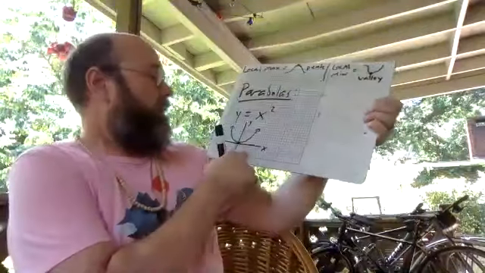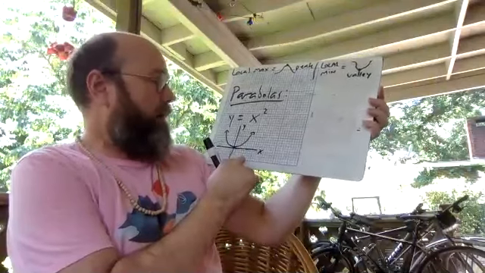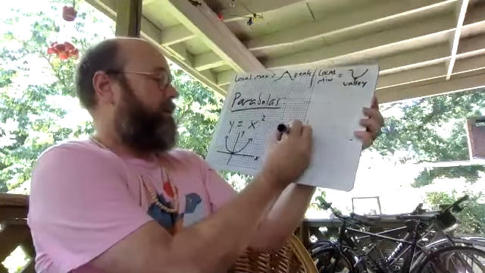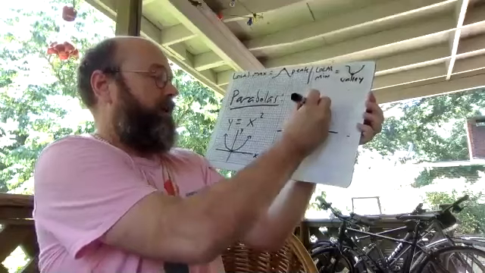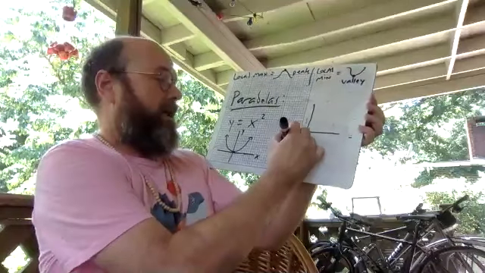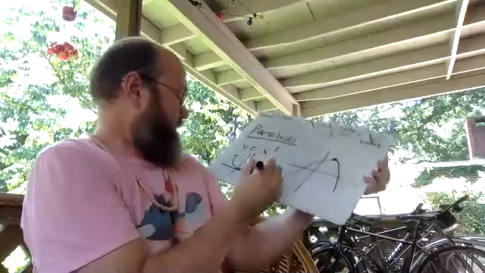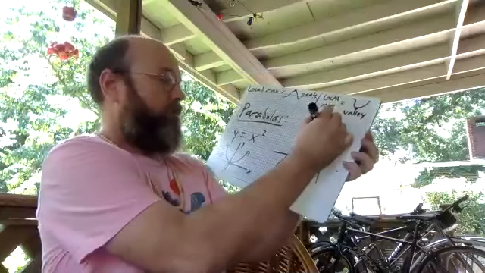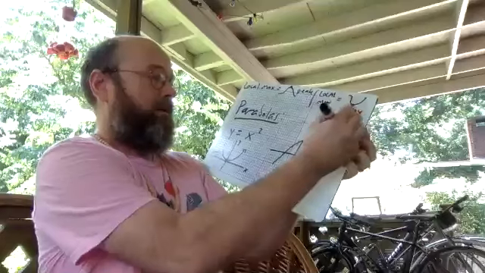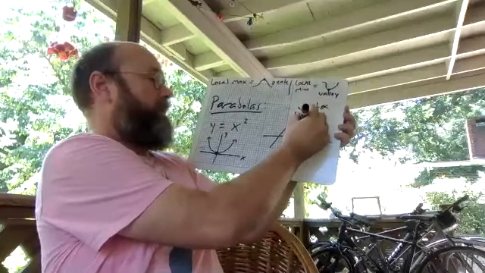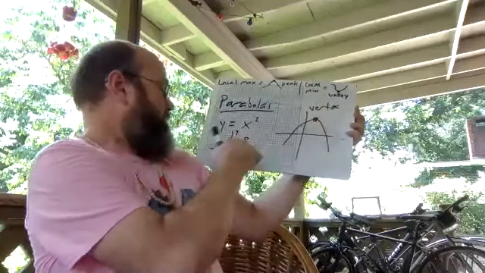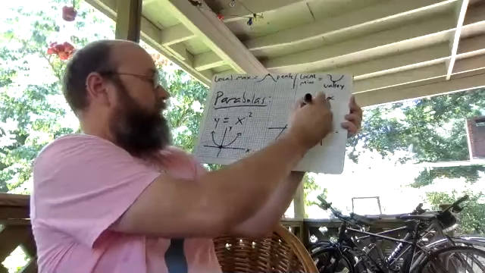And in general, as you might remember from pre-calculus, let's just say you have a general parabola, and it has its vertex. The vertex is the bottom, the trough or the peak, depending on which way it's opening.